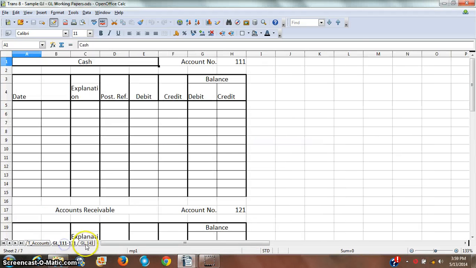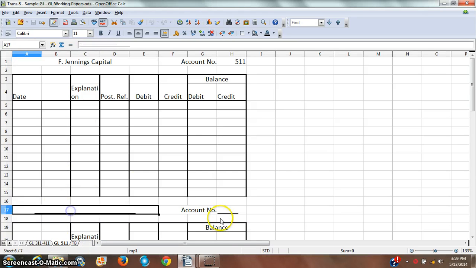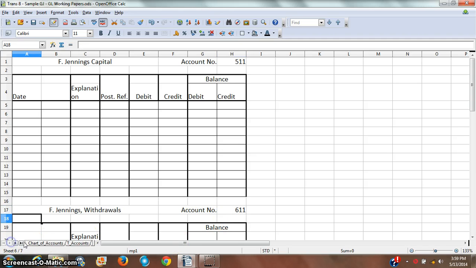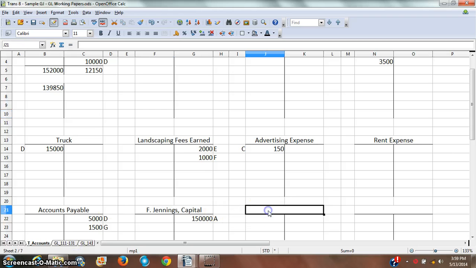In my ledger, go to the very end here. Account 611. All right, so now I've added this account. Those are on my T accounts as well.